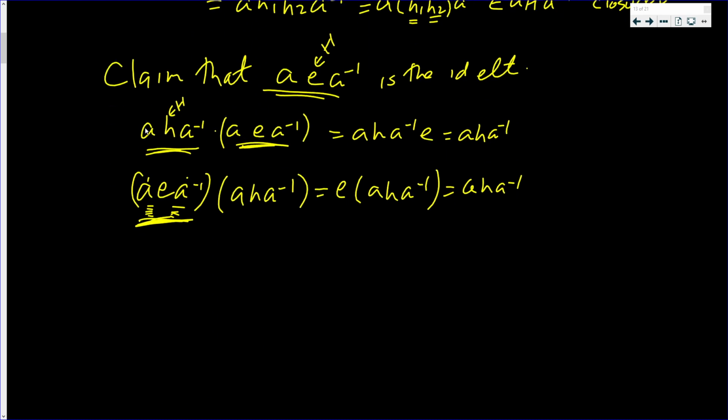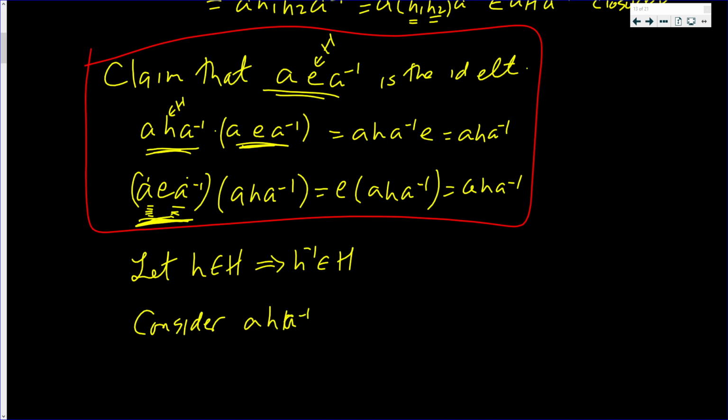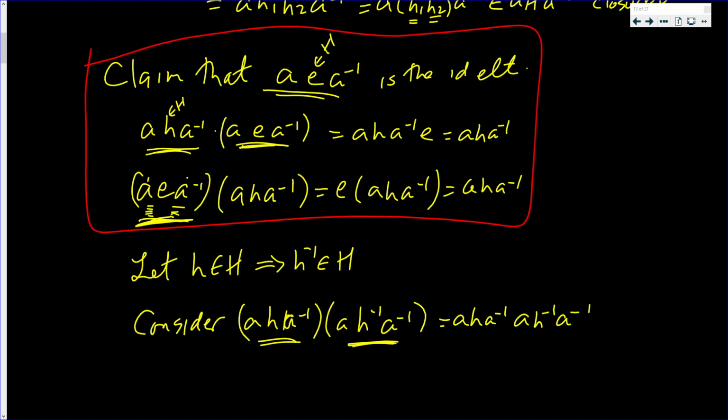Okay, so now that we know this, we have to show inverses. Let h be in H, which implies h inverse is in H. Now consider the following: a h a inverse times a h inverse a inverse. I claim that this here is the inverse of that. So we get a h a inverse times a h inverse a inverse.